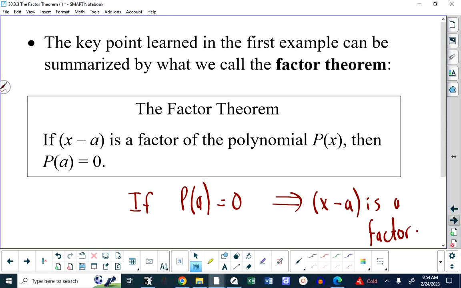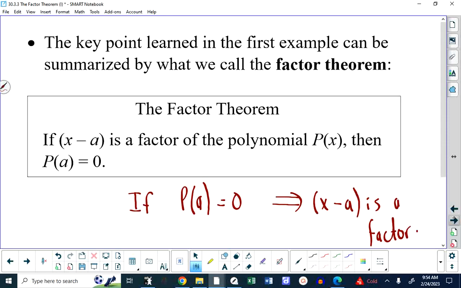If we can identify a number for x that will make a polynomial 0, then we will have identified a corresponding factor. If I put the number 2 into a polynomial and I get 0, I know x minus 2 is a factor. If I put the number 2 into a different polynomial and I get 12, well, I know x minus 2 is not a factor.